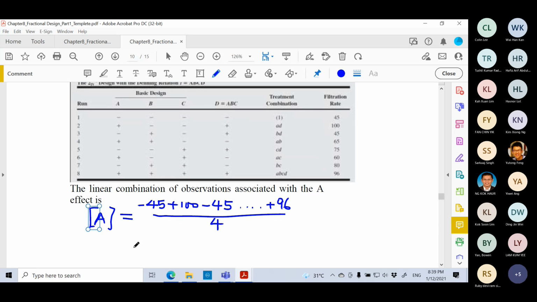Then you can calculate the effect of A. The value you will get is 19.